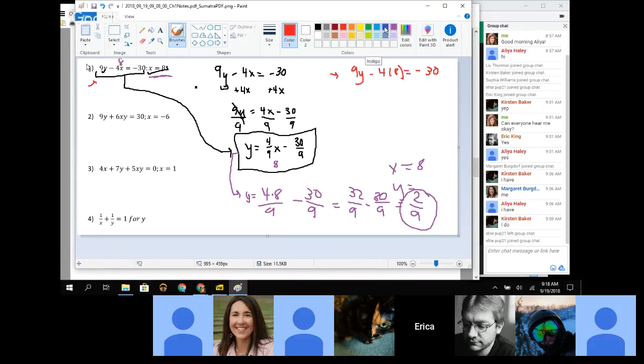For one variable, it doesn't seem like that big of a deal. But if all of a sudden I gave you a problem and I said, 9y minus 4x equals -30, tell me what y is when x equals 8. Tell me what y is when x equals 10. Tell me what y is when x equals 20. If I gave you a set of data, you definitely want to convert your equation to a y equals equation because that's much easier to solve.